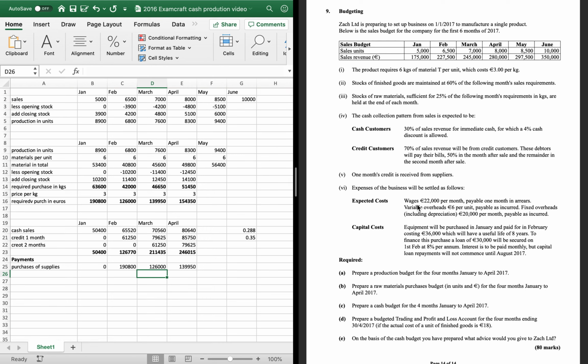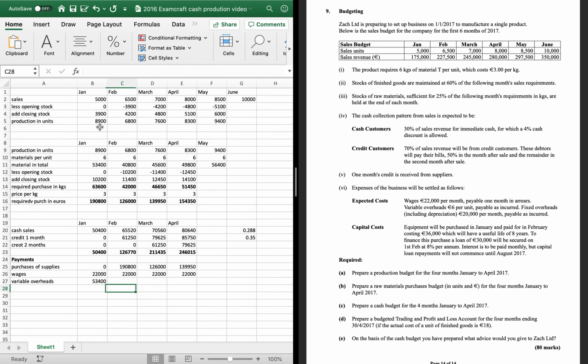Wages are payable 22,000 a month. Nice and easy. We'll just put in 22,000 in each month. Variable overhead, €6 per unit, payable as incurred. So €6 per unit. These are the units here, back up all the way to the top. So it's 6 by 5,000, which is 30,000. Oh, it's not. God, don't make that mistake. It's 6 by 8,900.